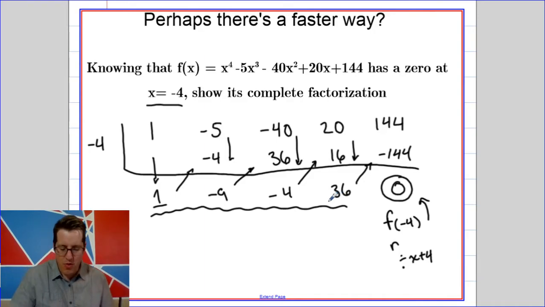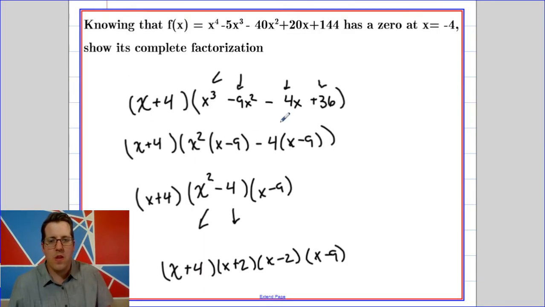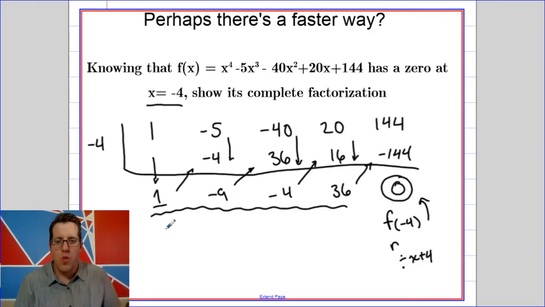Not only that, these numbers, they mean something. Let's go back to that previous slide. Look what we found here. X cubed minus 9x squared minus 4x plus 36. 1, minus 9, minus 4, 36. So this minus 4 represents x plus 4.